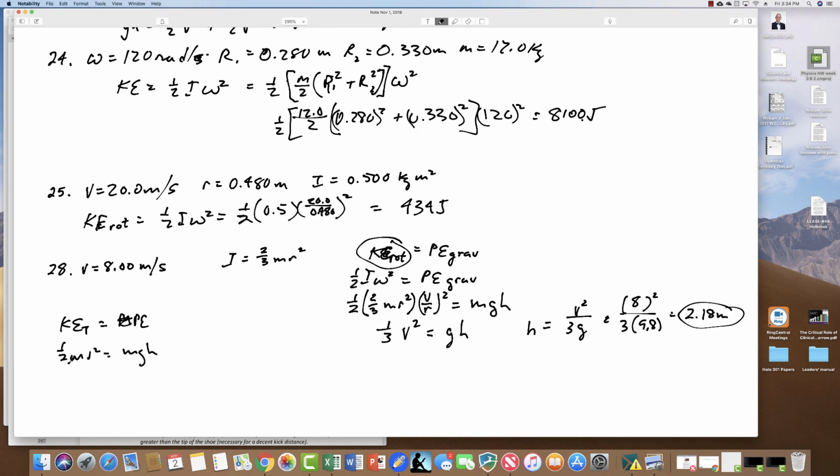And then you cancel the m's out. Solve for h, you get v squared over 2g instead of 3g. So that's going to be 64 over 2 times 9.8. So it reaches a greater height of 3.27.